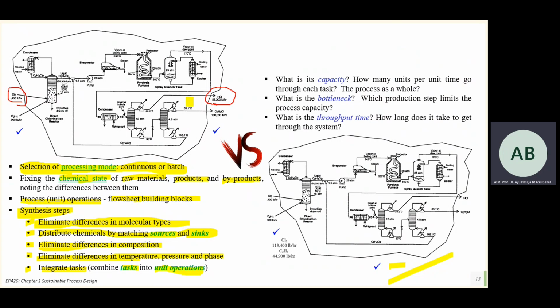Can you identify the waste? This is the main product. HCl is the byproduct. We don't consider that as waste. Okay, byproduct is not a waste.